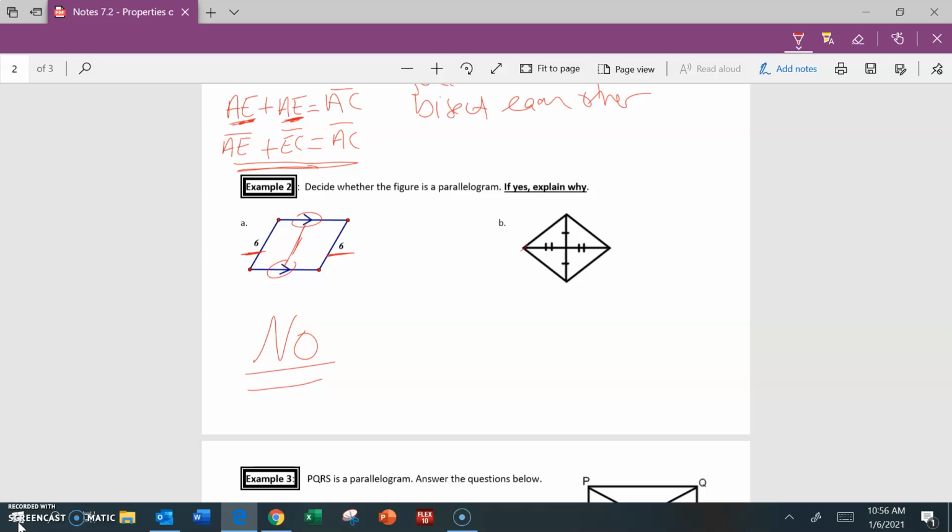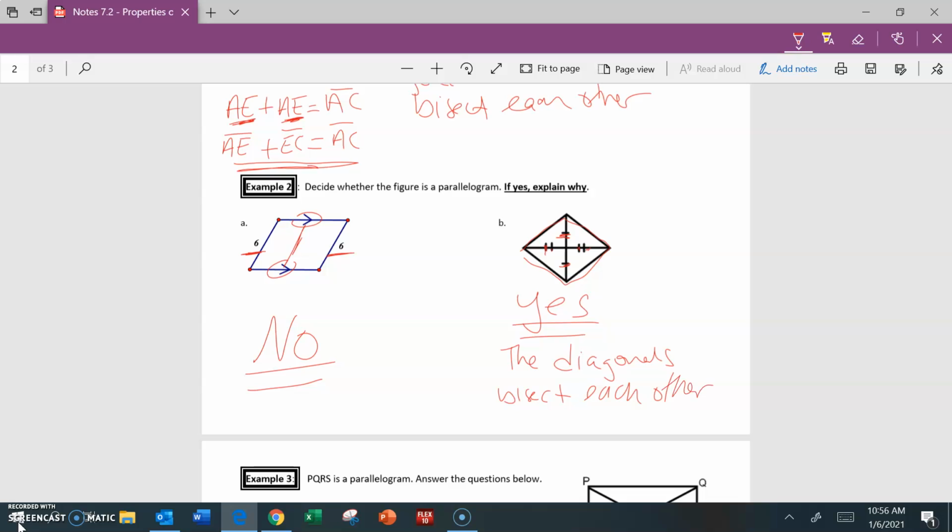Now for part B, for this parallelogram, what's marked is that this diagonal is cut into equal pieces and this diagonal is cut into equal pieces. So this is a yes. And all you have to do for the explanation is to write down that the diagonals bisect each other.